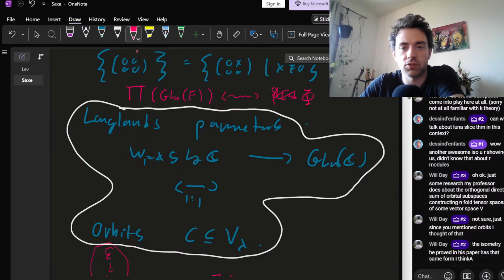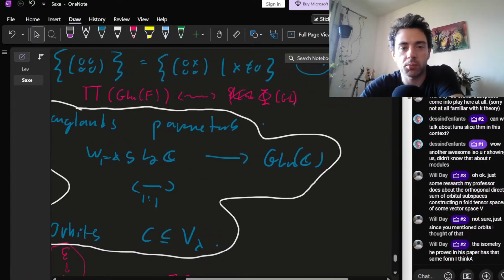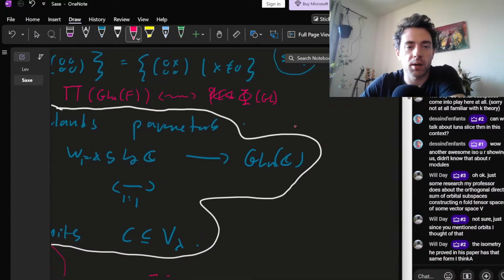Sometimes we write phi g for the set of Langlands parameters. I should mention though that for other groups this becomes a little more complicated. In fact, the map from representations to Langlands parameters just becomes finite to one. So we need to enhance this, and we get what's called an enhanced Langlands parameter. It's not just a Langlands parameter.